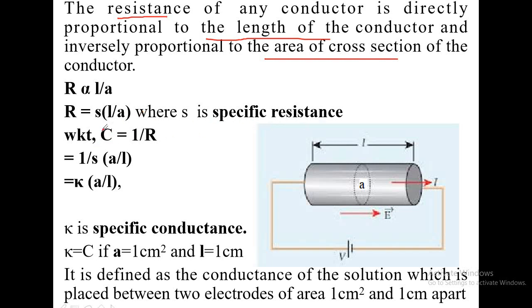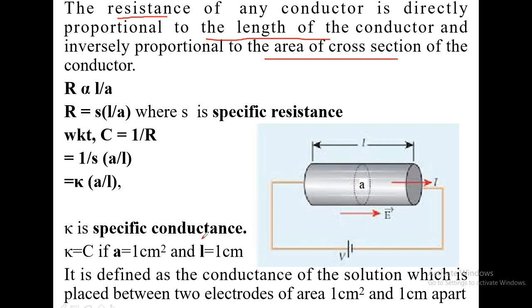We know that conductance is 1 by R, that is reciprocal of resistance. So substituting the same, we get conductance C equal to 1 by S into A by L. Here 1 by S is the reciprocal of specific resistance, that is nothing but specific conductance. So C equals K, the specific conductance, into A by L.